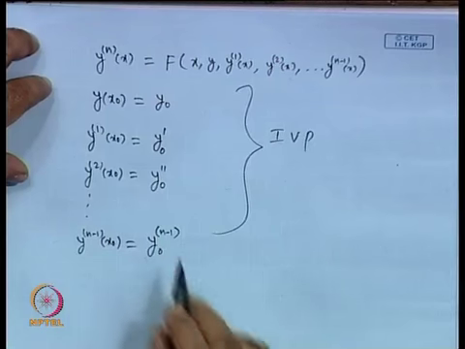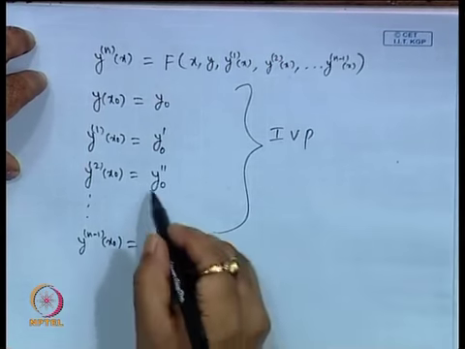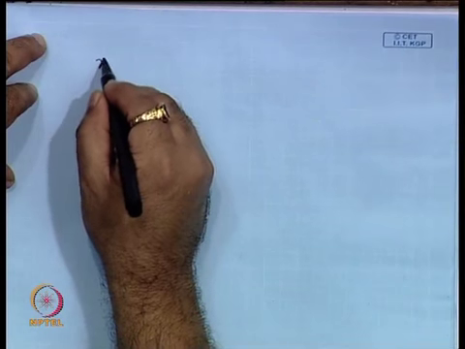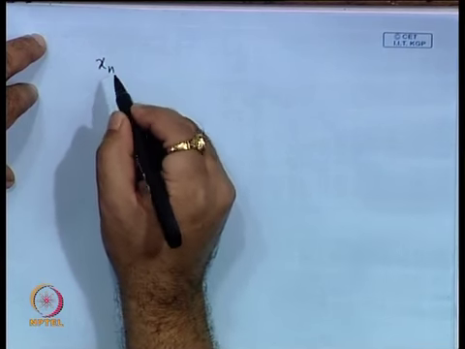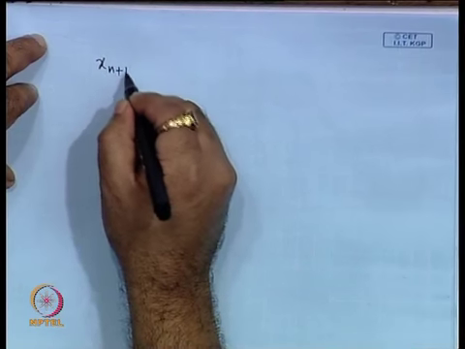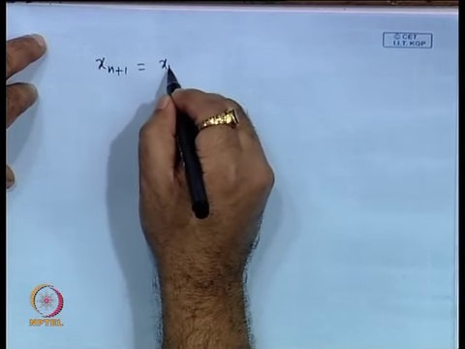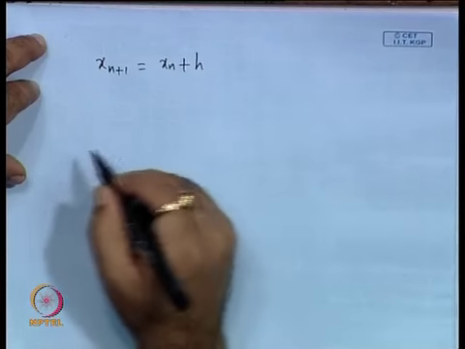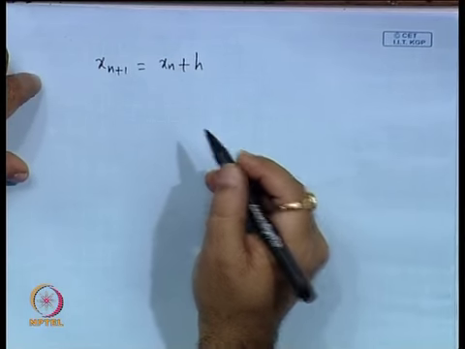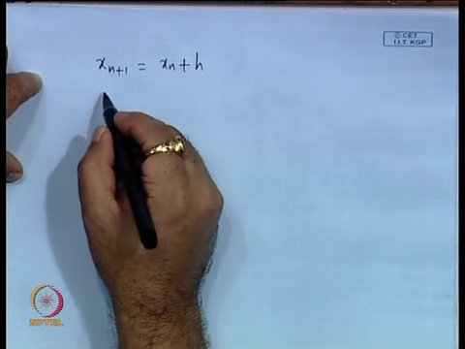I must explain this notation a little bit. The notation is x n plus 1 is x n plus h.